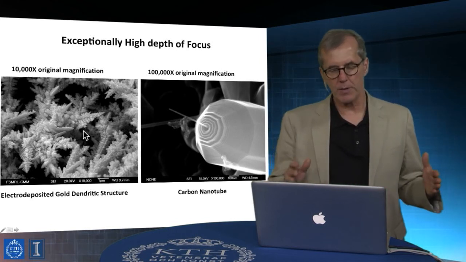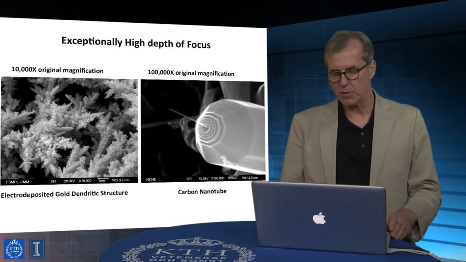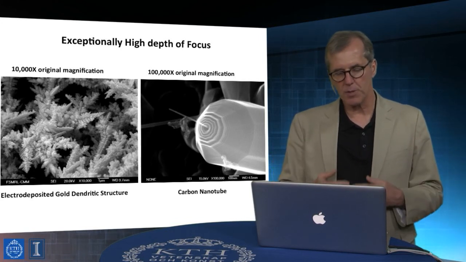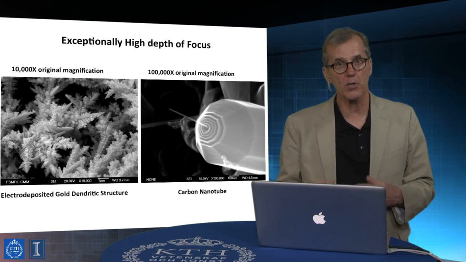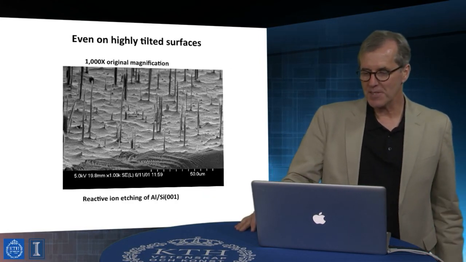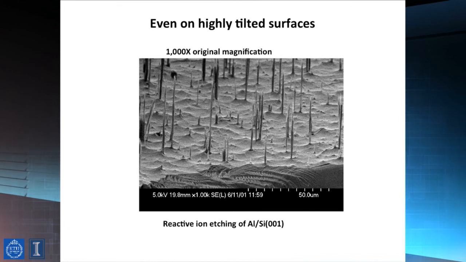So optical microscopes and electron microscopes do powerful and useful things, but they're very different in the kinds of information you can extract about material structure. This is again another example, just impressive images that are possible.